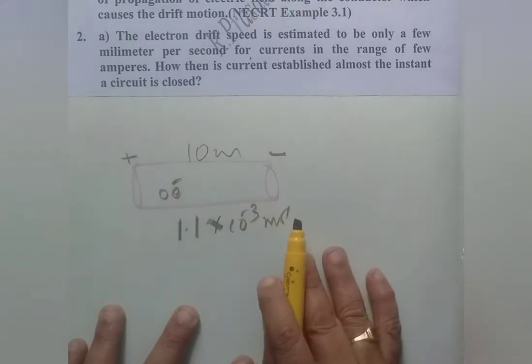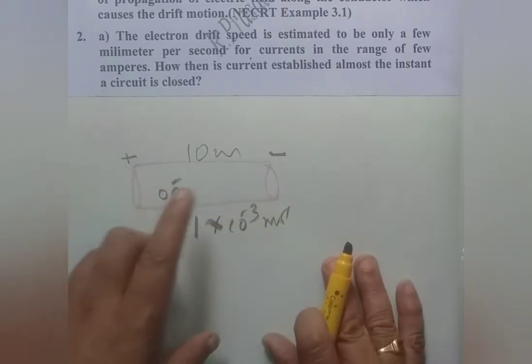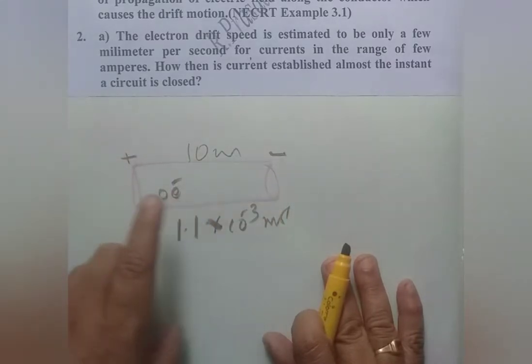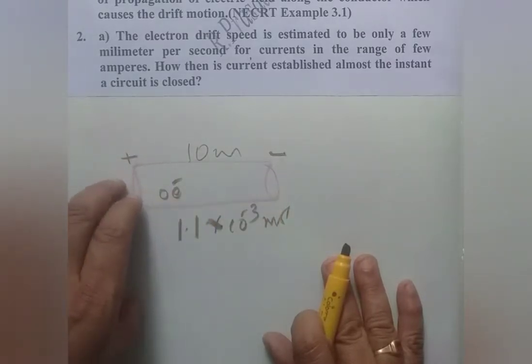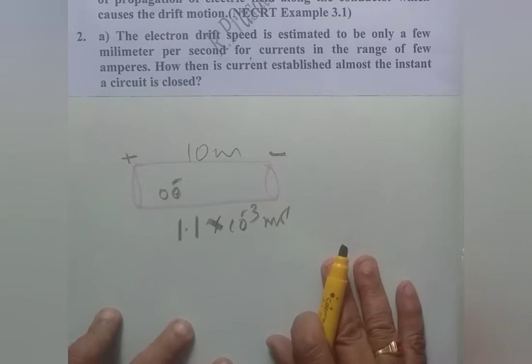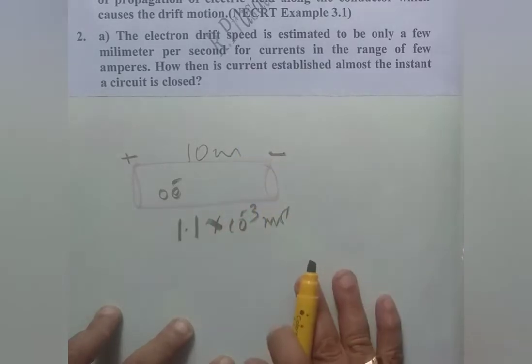Therefore, the current is established almost instantaneously, because the electrons need not move from the negative end to the positive end all the way. The electrons at the positive end complete this flow, and likewise, because of the large number of electrons distributed over the conductor, we can establish the current almost instantaneously.